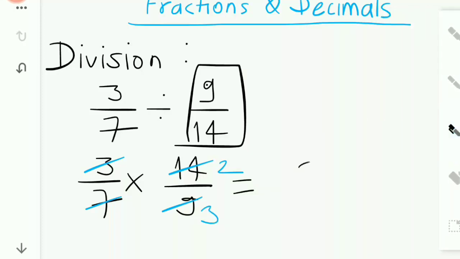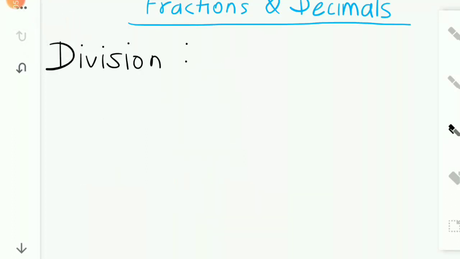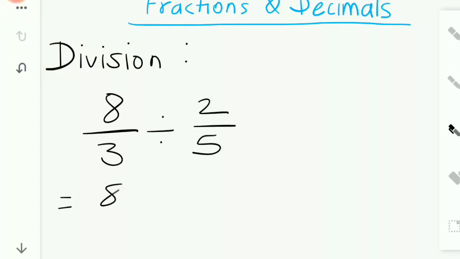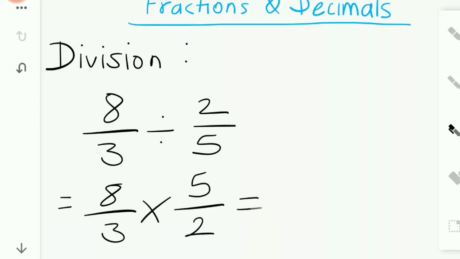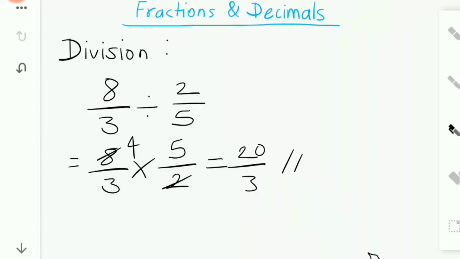So this comes out to be 2/3. Next is 8/3 divided by 2/5, which is equal to 8/3 multiplied by 5/2, equal to 4 5s are 20. So this is 20 divided by 3.